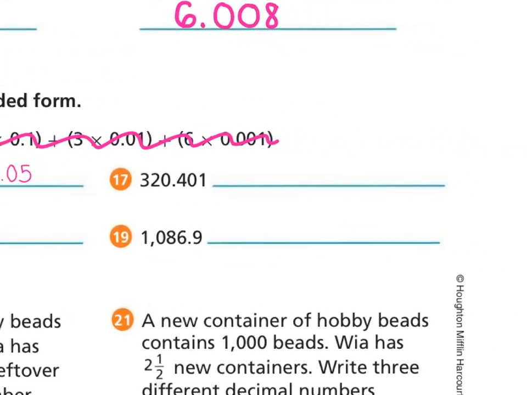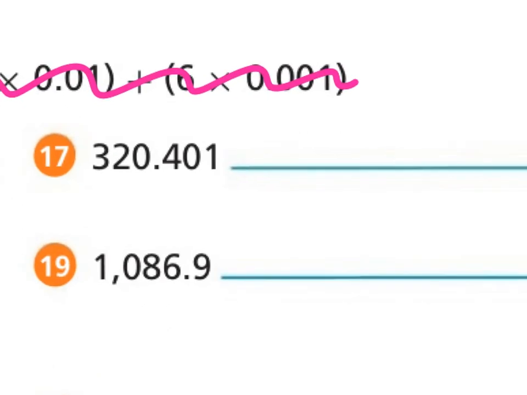Let's look at number 17 and try and do it there. Our biggest place value here is your hundreds, so I'm going to split that all by itself. 300 plus 20 plus, now you can put 0 as your ones, because there's nothing in the one spot, or you can just simply skip it. 0 and 4 tenths.